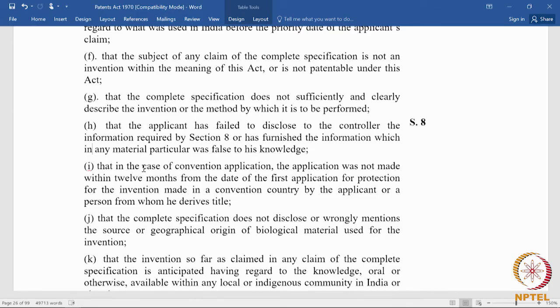So, if a person does not file a form 3, that could be a ground for opposition under this ground, or he has filed form 3, he has furnished the information which in any material particular was false to his knowledge. Now, he said that an application which I filed in Australia has been granted.